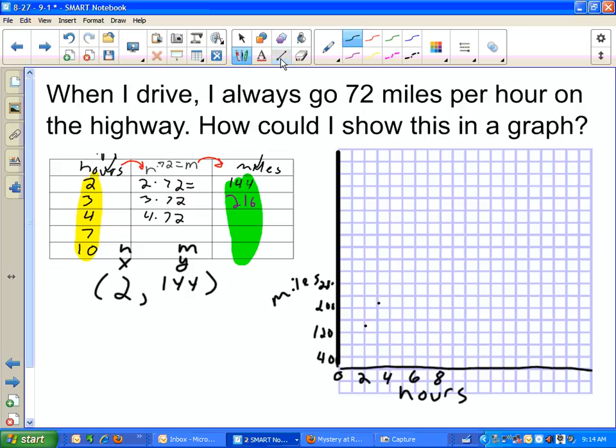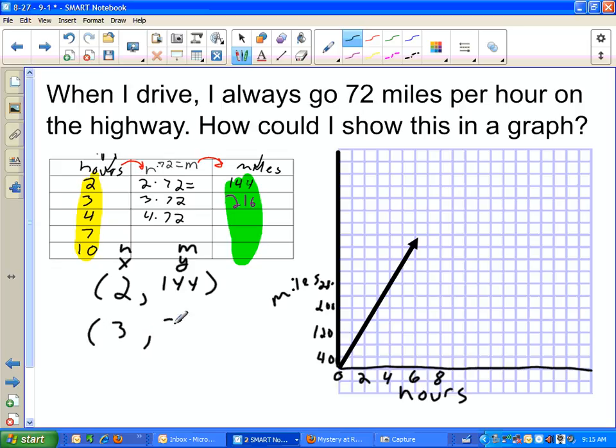And I am betting that if I were to keep going with this particular pattern, I could draw a line through these dots and predict at 4 hours, at 5 hours, at 6 hours, so on and so forth. And all of these are ordered pairs that we're taking out of our function table.